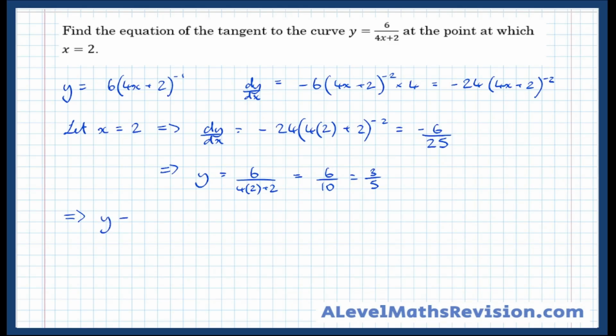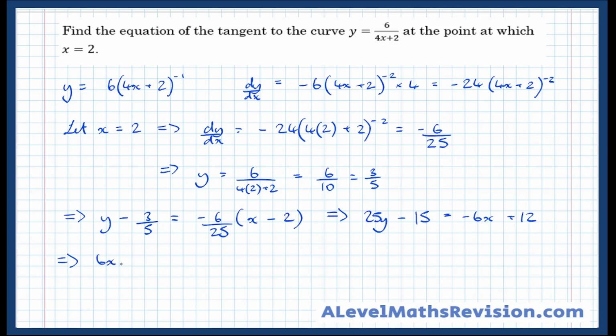y minus y1 equals m times x minus x1, like that. Multiplying both sides by 25, I get 25y minus, so one of the 5's cancels and left with times 5, so that becomes minus 15 if I times 3/5 by 25 equals minus 6x plus 12, and getting that in some sort of reasonable 3-term form as would be expected by an exam board.